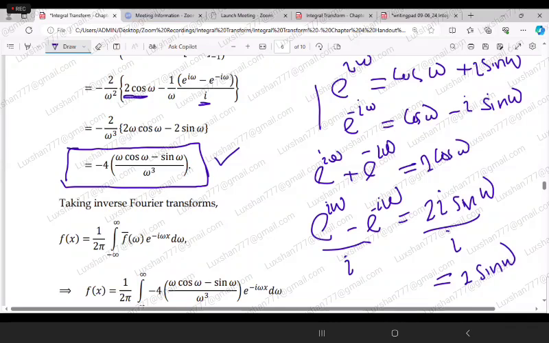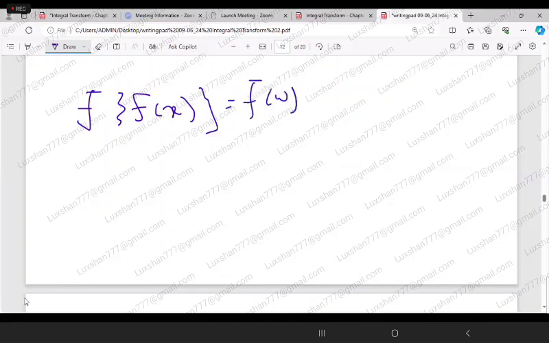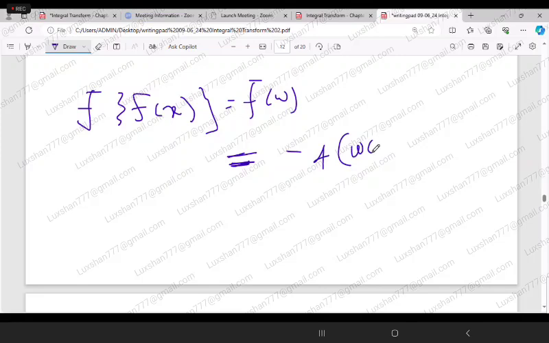Right. So now what we have found is that the Fourier integral of f(x) is equal to f bar omega, equal to minus 4 times omega cos omega minus sin omega over omega cubed.